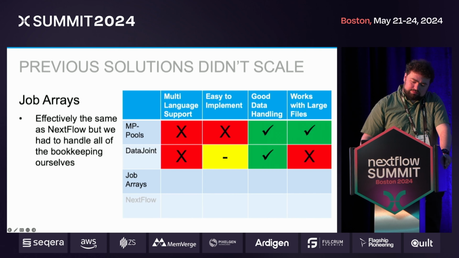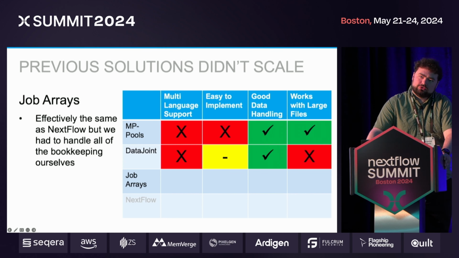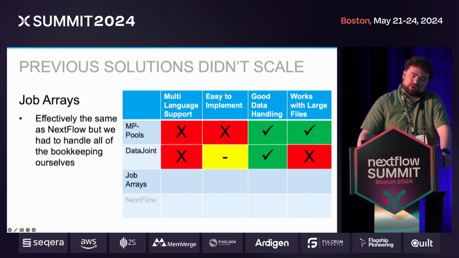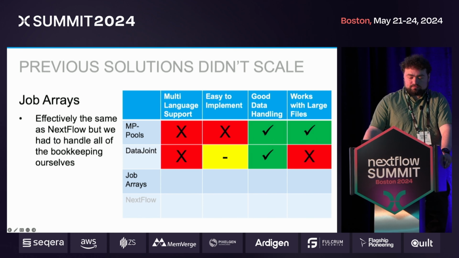Finally, we were trying to go back to basics. We use a batch HPC with Slurm submission, so we decided to just try job arrays. That is a very simple way of doing naive parallelization. And it solved a lot of our issues, except that it requires a great deal of bookkeeping on our part.